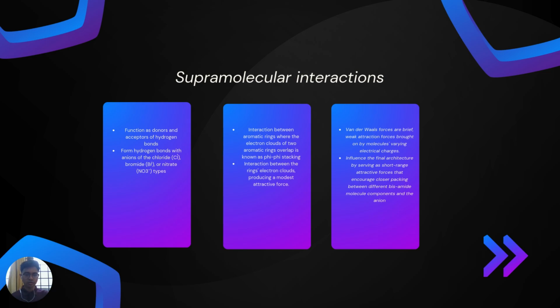This shows that a partially positive hydrogen atom that is drawn to nearby nitrogen and oxygen atoms functions as a donor of hydrogen bonds. The second main point is the interaction between aromatic rings, where the electron clouds of two aromatic rings overlap, known as pi-pi stacking. This means the interaction between the rings' electron clouds produces modest attractive forces. And the last point is that van der Waals forces are brief, weak attraction forces brought on by molecules' varying electrical charges.